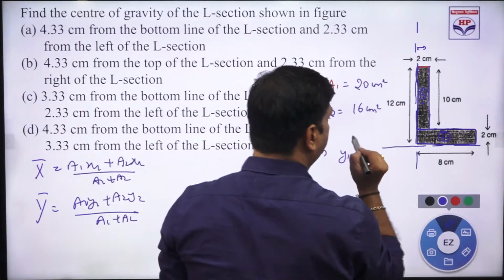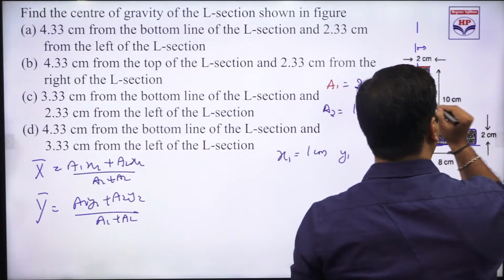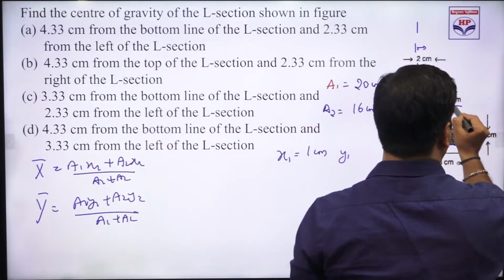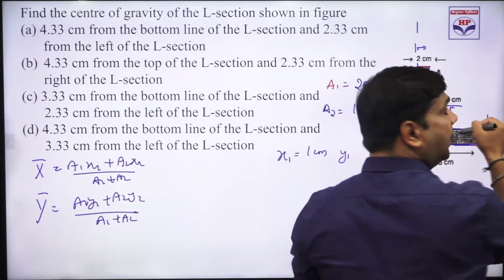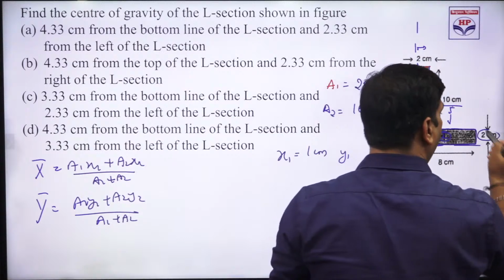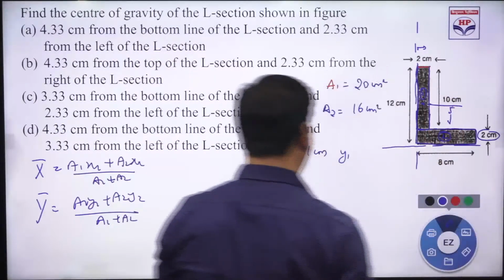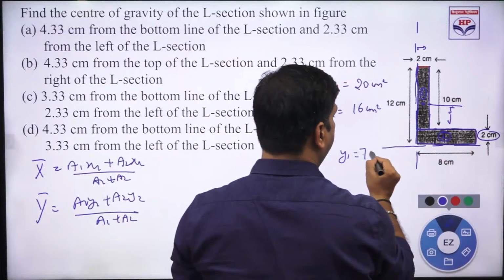The y1 is the distance from here. If this is the centroid, this distance is 5, by the rectangle's h by 2, but we also have to add this 2 because we are taking from the bottom. So it equals 2 plus 5, that is 7 centimeter.